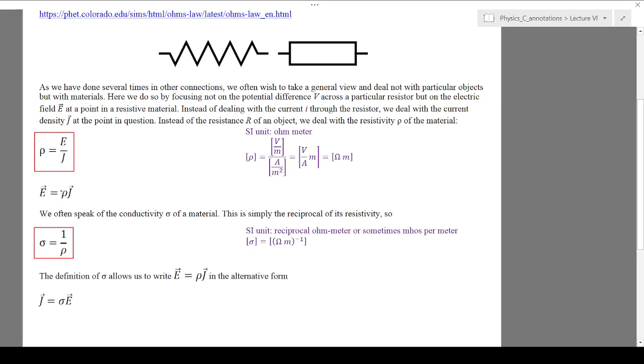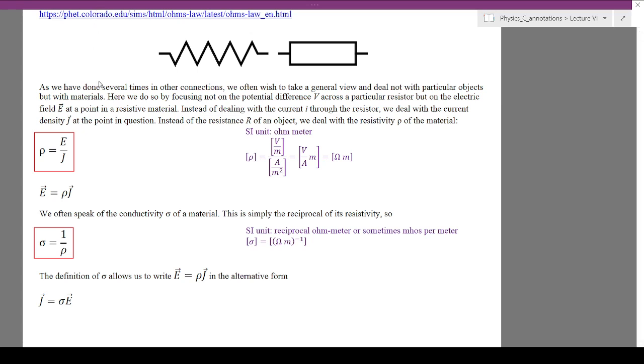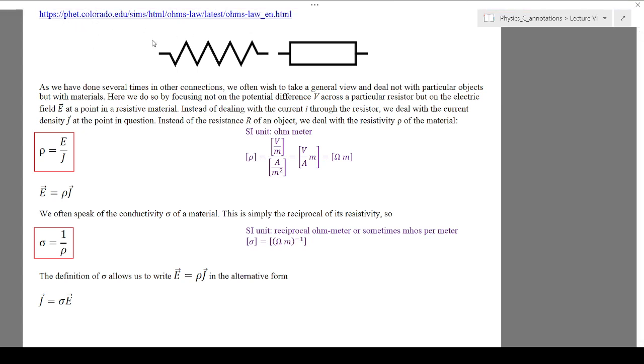They just plug in the conductivity here, 1 over sigma, and then we can easily find this expression right here.